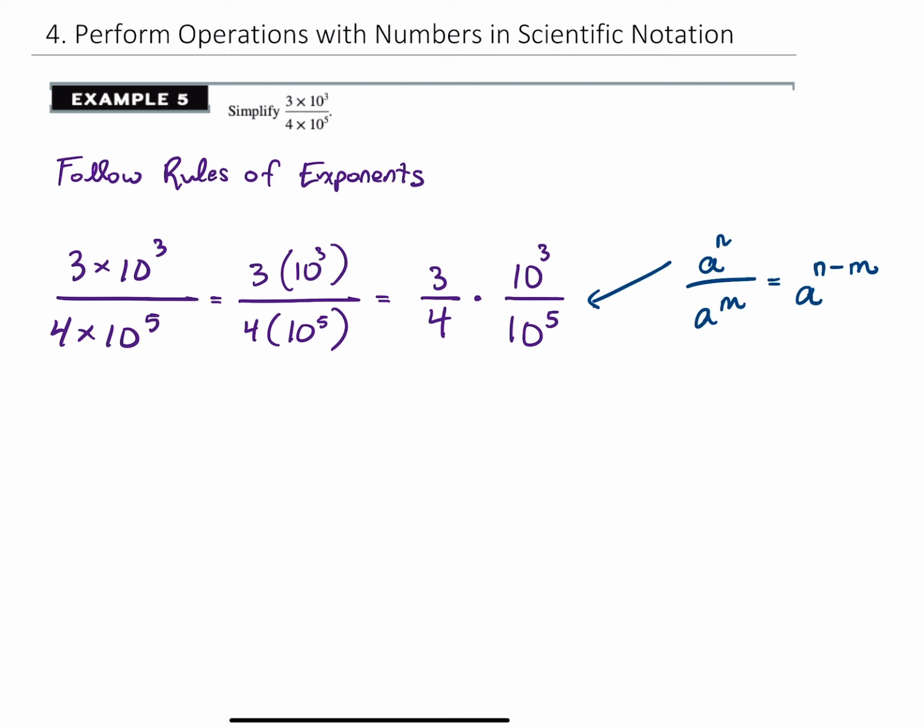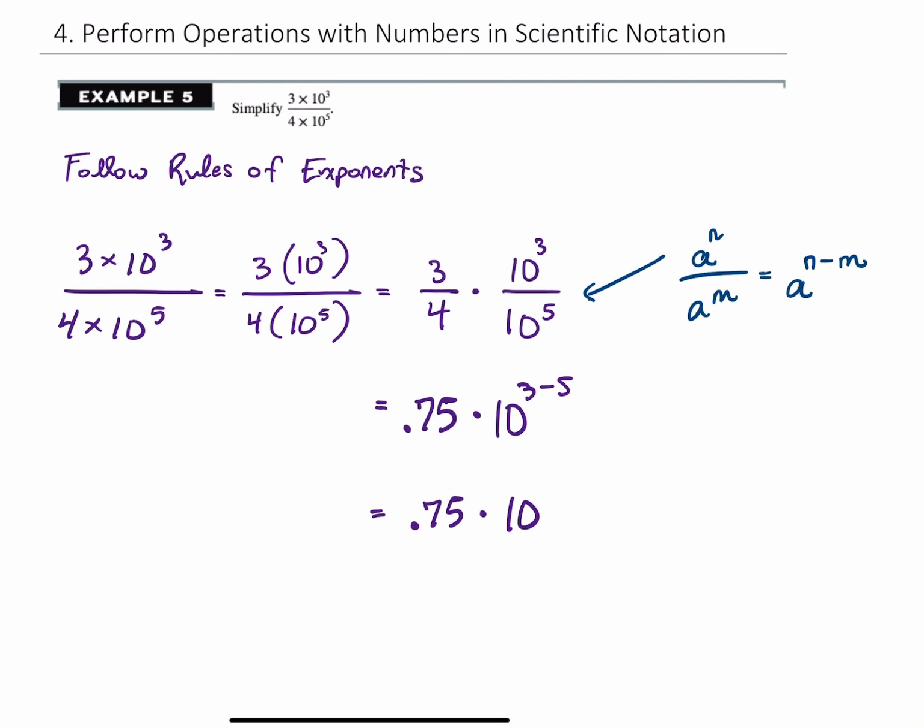So that means we can express this, the 3 over 4, that's 0.75, 3/4. And then 10 to the third over 10 to the fifth, we can write as 10 to the 3 minus 5 power. So performing that subtraction, that means we have 0.75 times 10 to the minus 2.